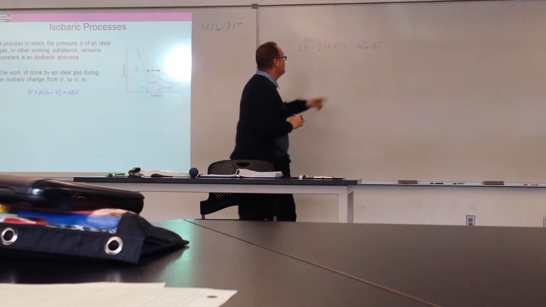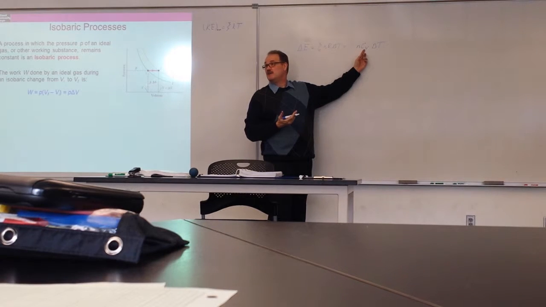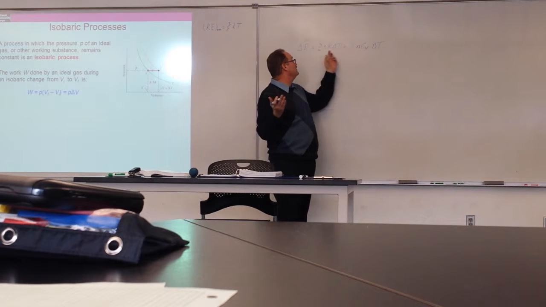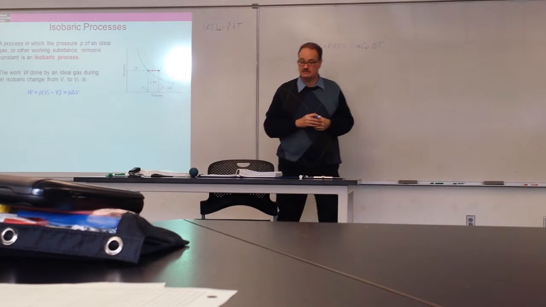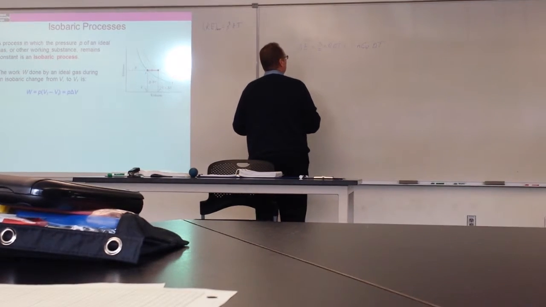Now, if you don't have a monatomic gas, don't put 3/2 here. If you have a diatomic, put 5/2. If you have a polyatomic, put 3. So now you don't have to stick with monatomic anymore if you go with CV rather than 3/2 R. So now you know that's the delta E.